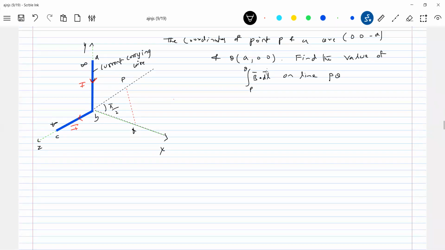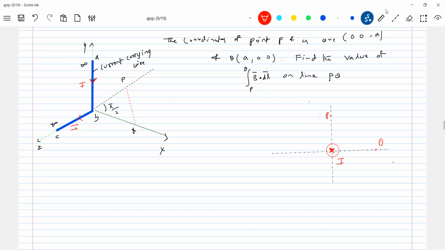So like that, I'll do one thing. This is our point P, and this is Q, and this is the wire going into the plane.